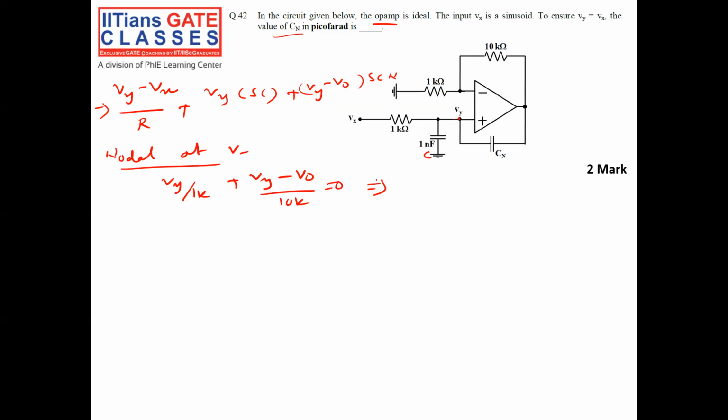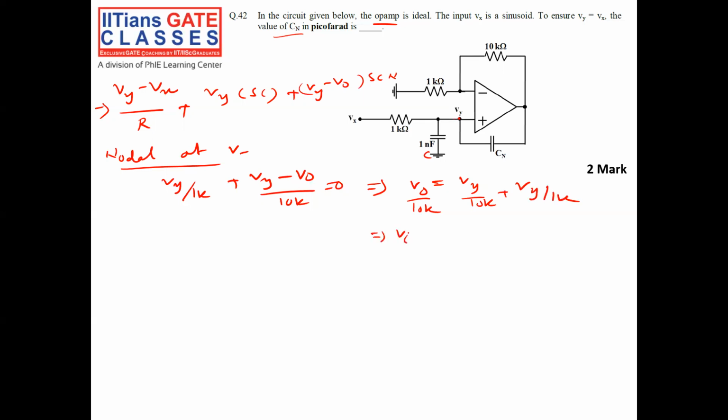So V0 by 10k is equal to Vy by 10k plus Vy by 1k.